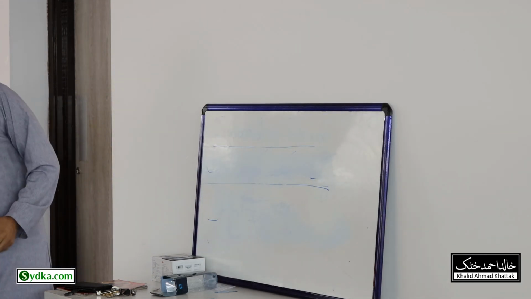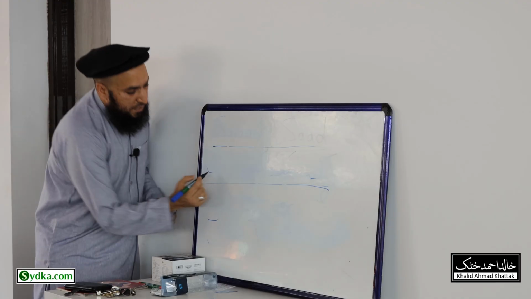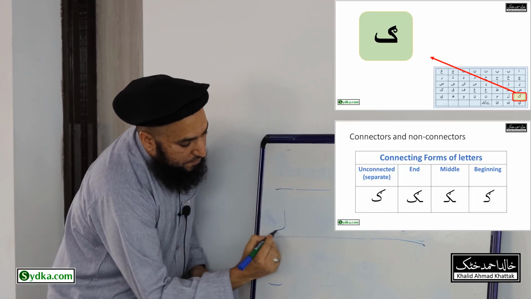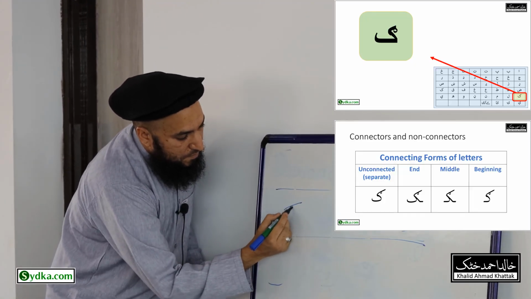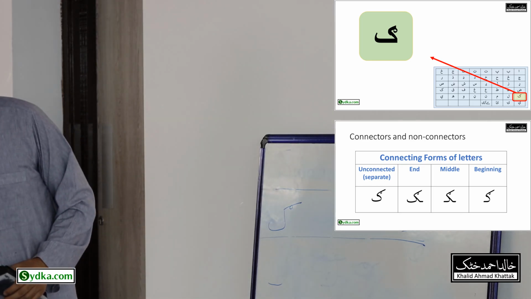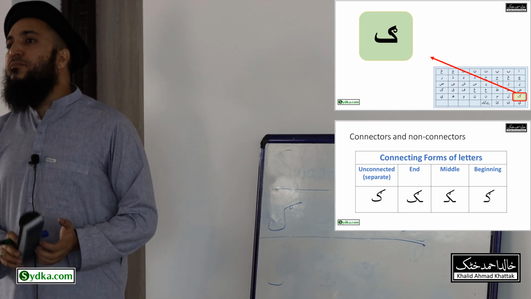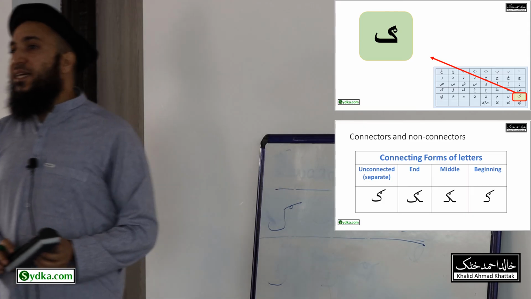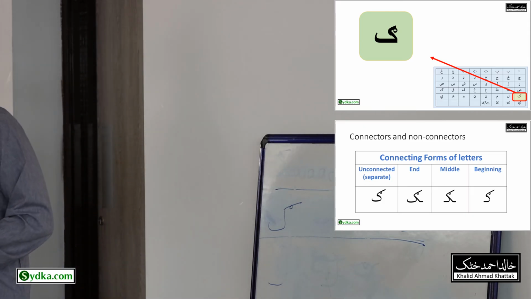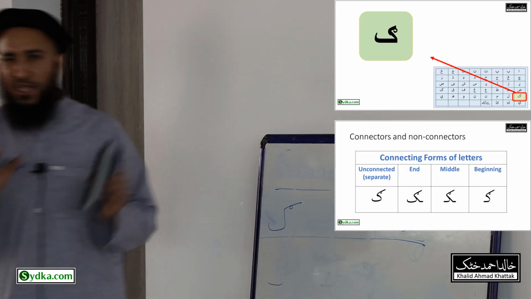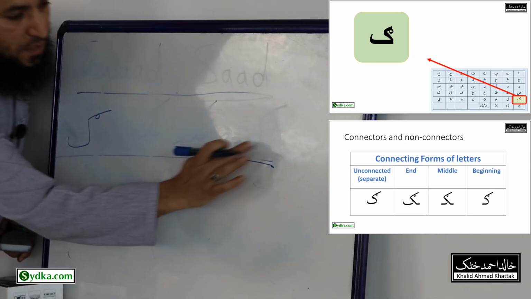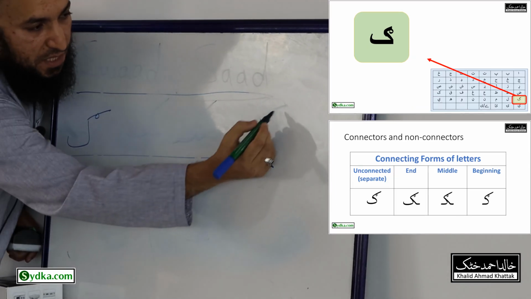Okay, next one. Who can pronounce this letter? What is it? Gaf. Is it a connector or non-connector? Connector, because it's the same family as kaf. Okay? And in the beginning, it looks the same as kaf.